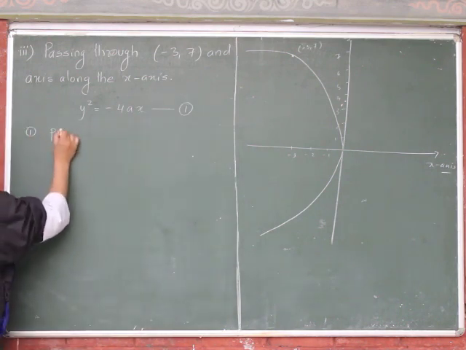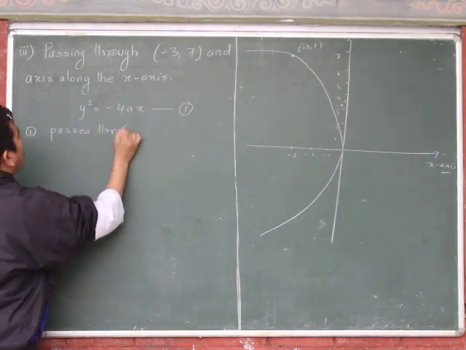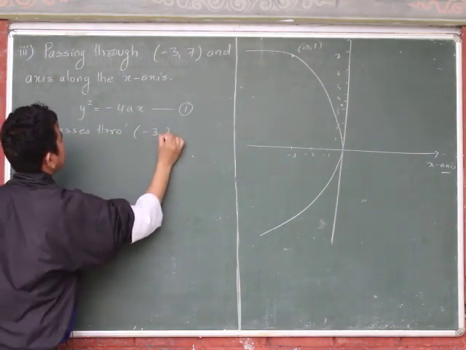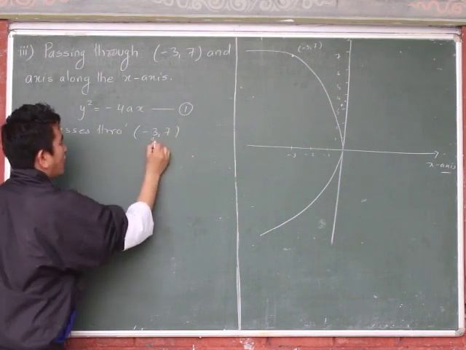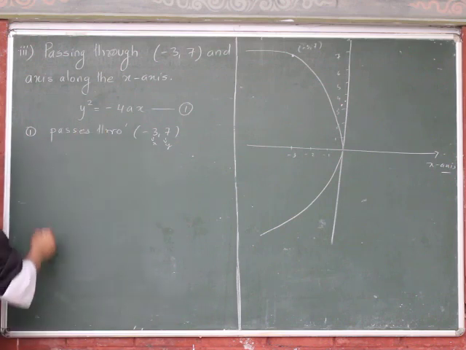Negative 3 is the x coordinate and 7 is the y coordinate. Just substitute in equation 1.